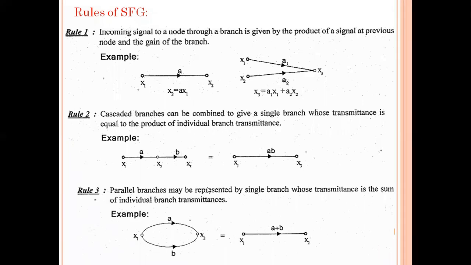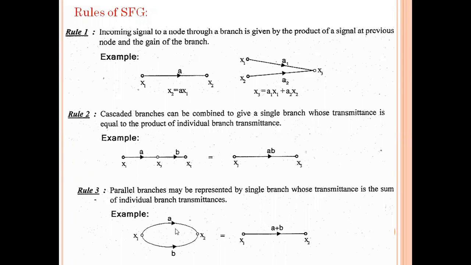Coming to rule number 3, when we have parallel branches, you can see from x1 to x2 we have two parallel branches, A and B. So A is coming in this way and B is coming in another way to x2. You can see the directions of A and B both start from x1 and come to x2, so both are in the same direction from left to right.